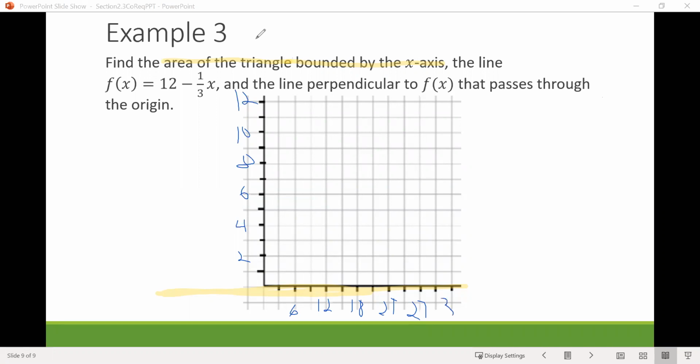Oh, right, I know what the problem is. I think I screwed up somehow. Right here, this should be 30, 36. Okay, sorry about that. And this one's supposed to be a 24.